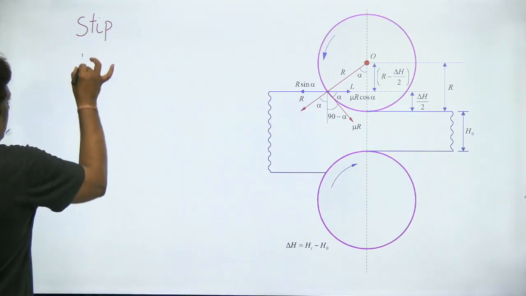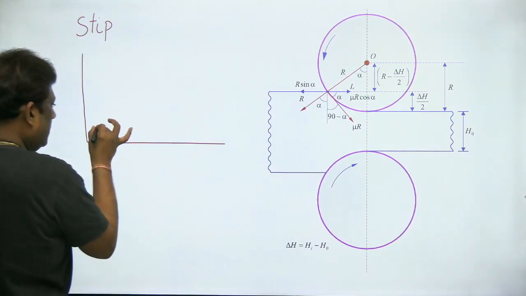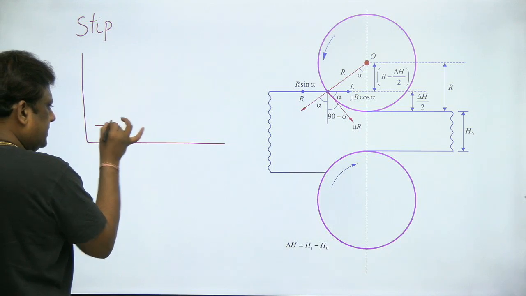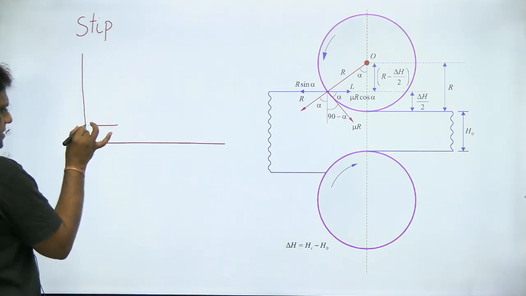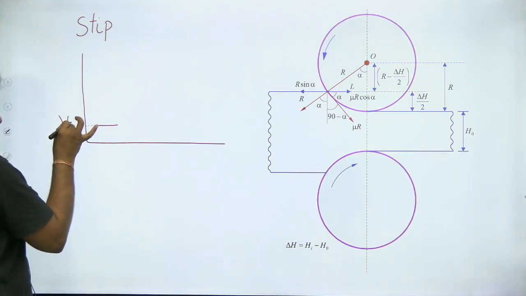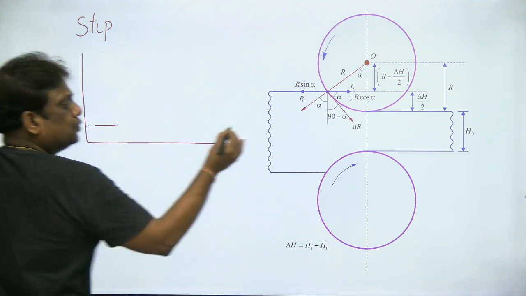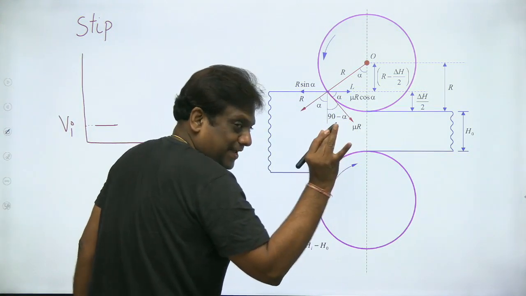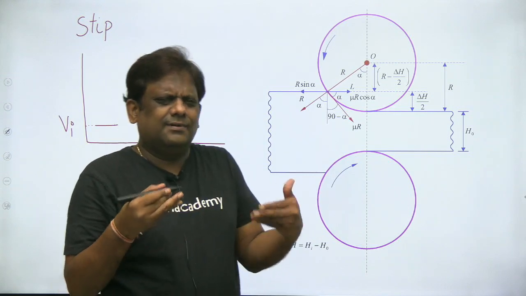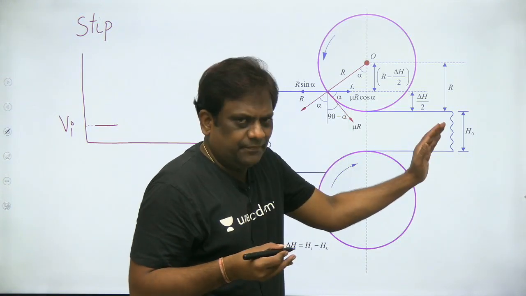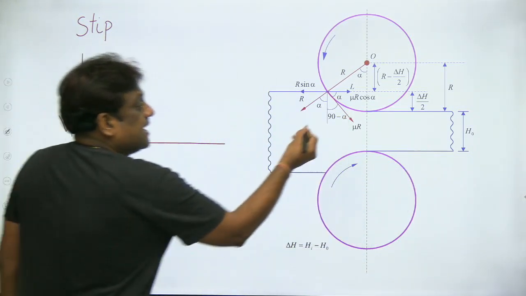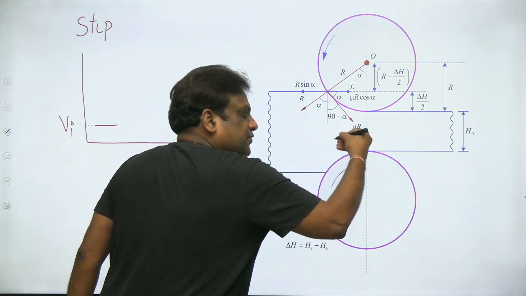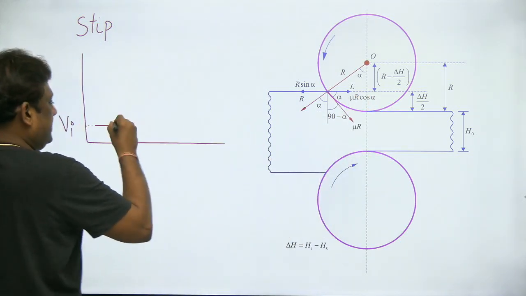You know, my dear students, at the inlet this is the velocity. I write it as V inlet, VI. And slowly, when the material is flowing in the converging zone, its velocity is increasing.